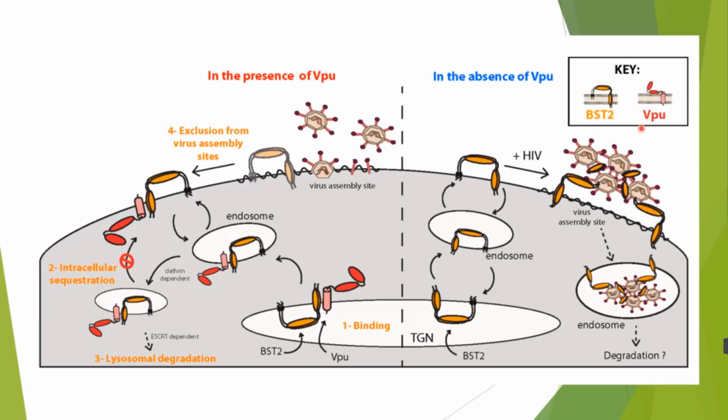So normally, tetherin goes through the trans-Golgi network, goes up to the cell surface, binds to the virion molecules that are being released, causes them to endocytose, go back into our cells where they are slated for degradation.